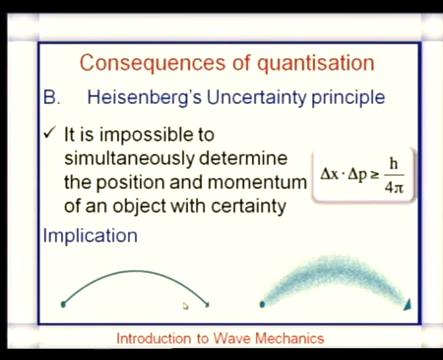So where are we? We talked about Bohr's model and found that it is inadequate. We have also talked about two consequences of the quantum mechanical nature of atoms and molecules: the duality, that is, the particle must have a wave character, and the uncertainty principle. Let's now put Bohr's model to test in the light of these two observations.